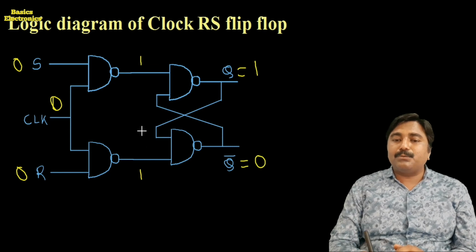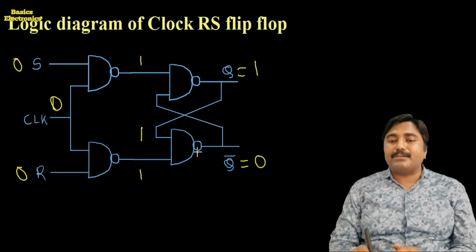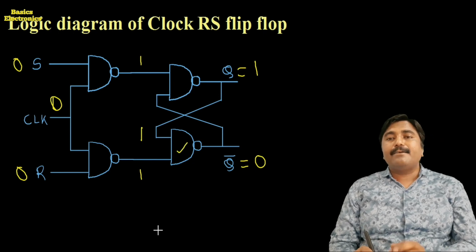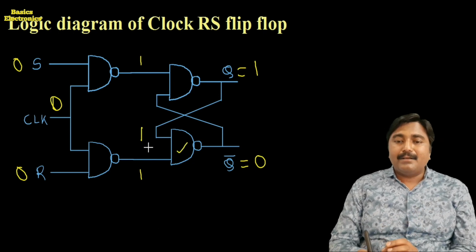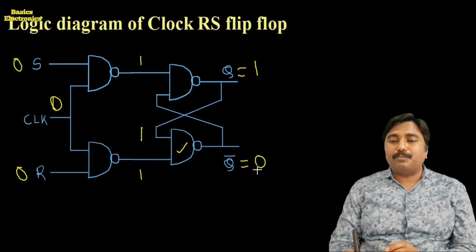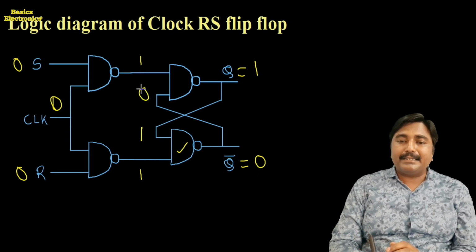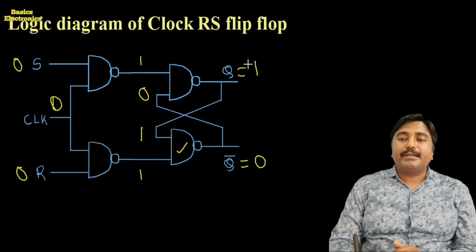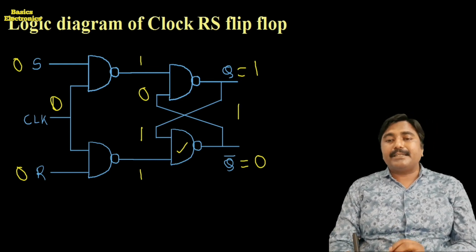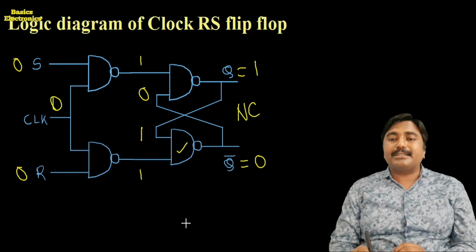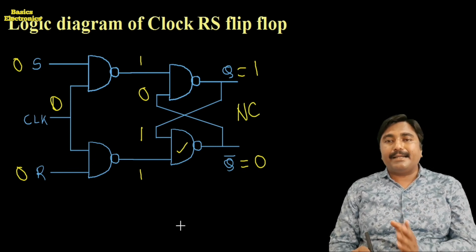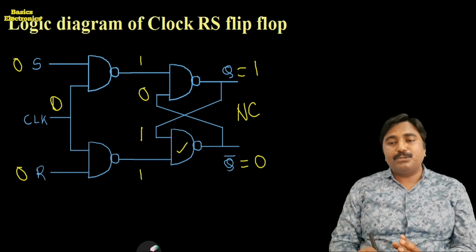Q is equal to 1 is applied to the lower gate, so both the inputs of the lower NAND gate, the output side NAND gate, are 1 1. So here its output is equal to 0, and this 0 is applied to the upper gate. So the upper gate output Q is equal to 1. Means initially the flip-flop was in the set condition. After application of the input, it remains again in the no change condition.